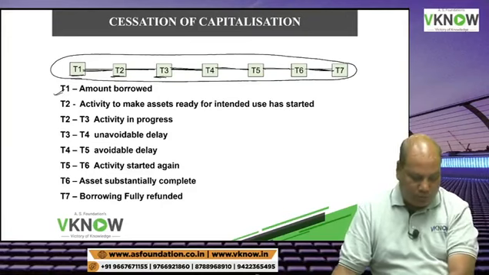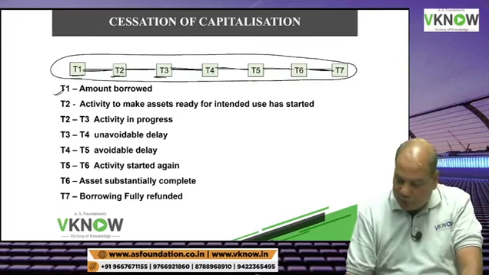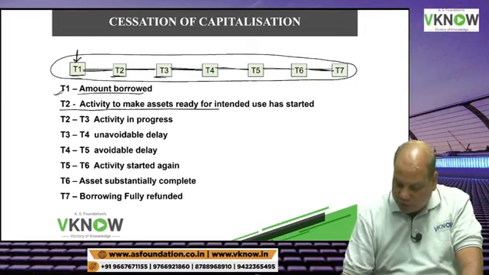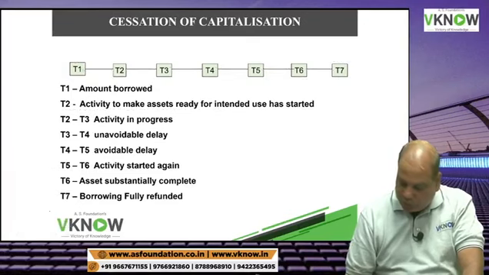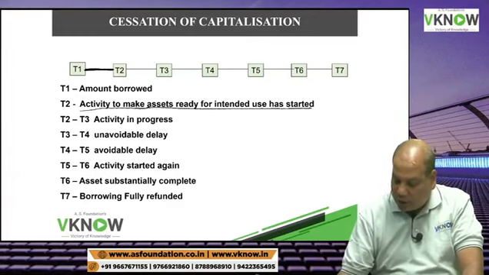Students will have to now answer. Suppose at T1 the amount is borrowed here and at T2 the activity to make the asset ready started. So what will be the treatment of borrowing cost between T1 and T2? Activity started only at T2.